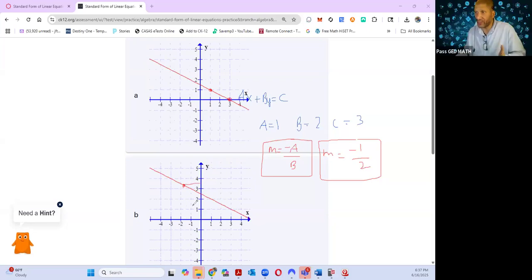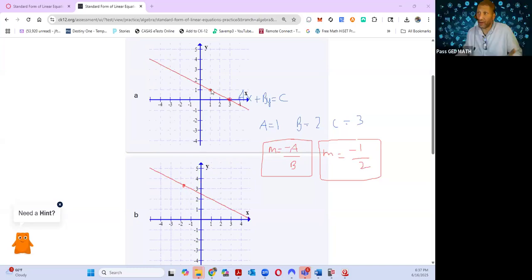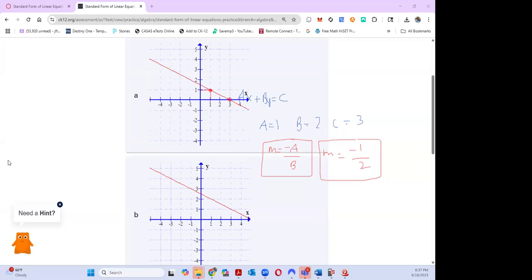I can't tell what X is. Is this 3.5? Is it 3.6? Is this negative 1.8? I don't know. So I'm going to come down this line until I get a whole number for my X and my Y. I'm going to do that for both points.